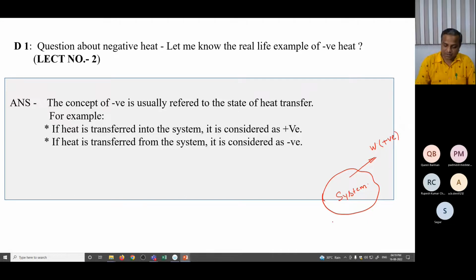In the same philosophy, for the other energy transfer, heat, if it is taken out from the system, then it is a negative quantity.